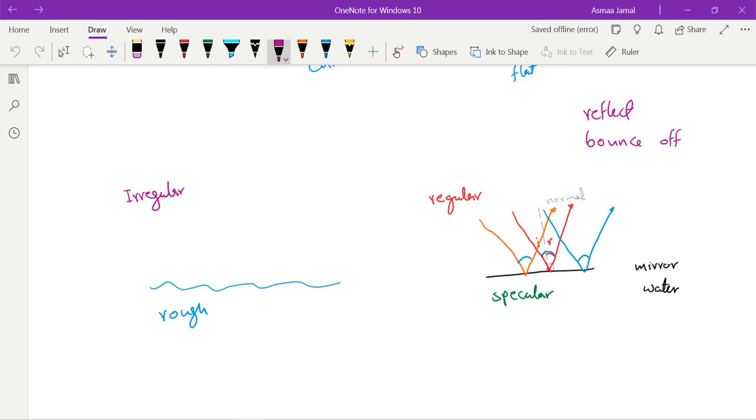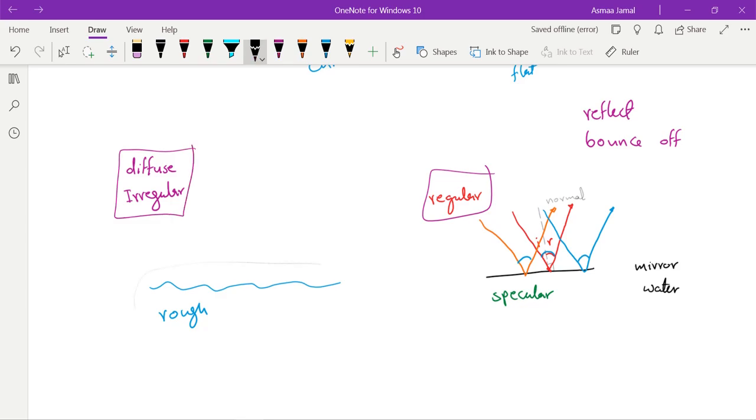So the irregular one, we also can call it the diffuse reflection. This one is regular or specular reflection, but with a rough surface we call it irregular or diffuse reflection.